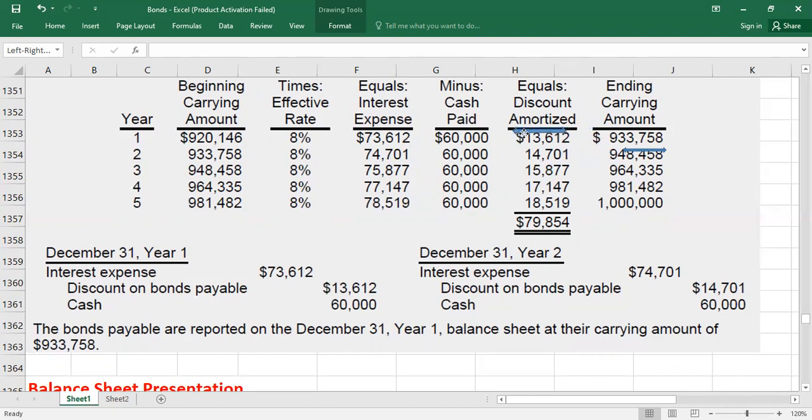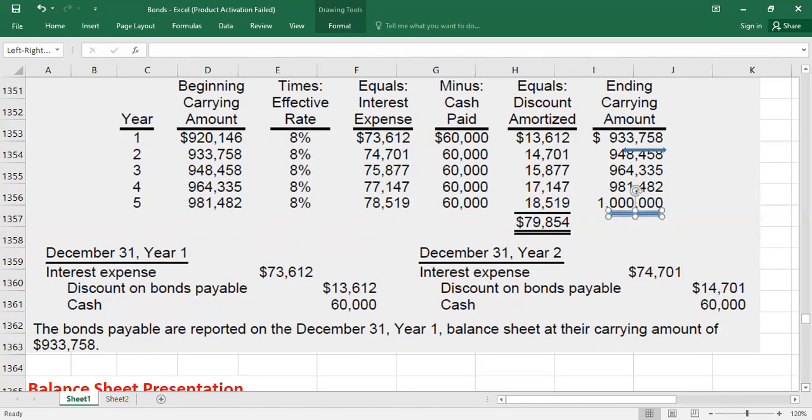You will say, here is the answer in this column. Third question, he might ask, what is the amount of liability which should be presented in the balance sheet? Here is the answer. At the end of the first year, this is the liability. At the end of the second year, this is the liability. Third year, this one. Fourth year, this one. And fifth year, this will be the liability. And then you will repay.